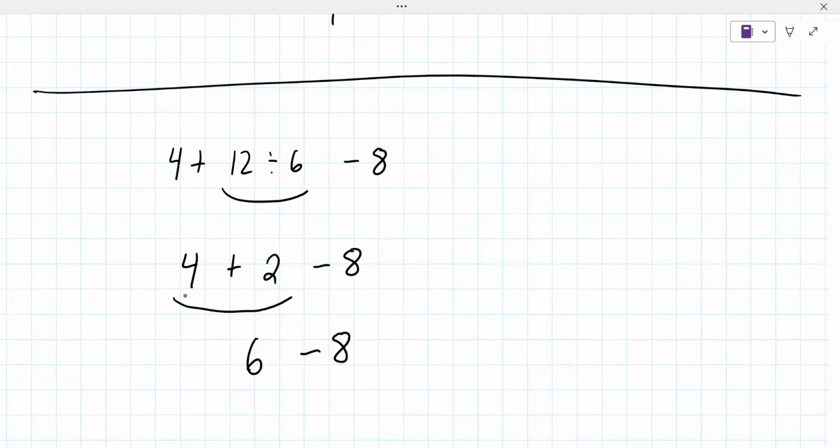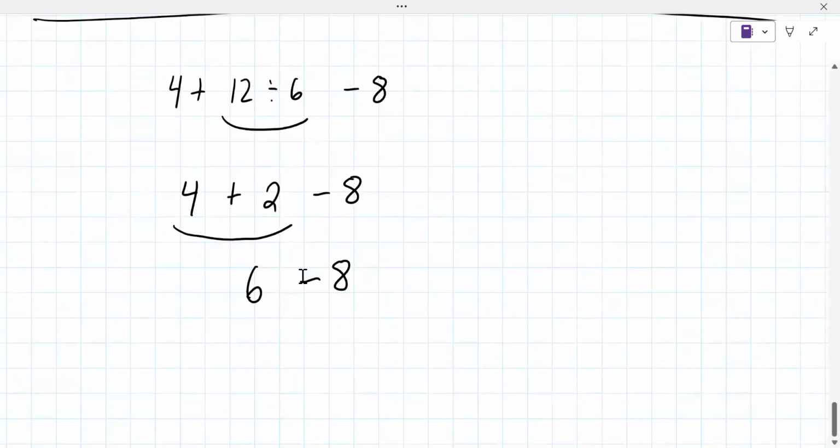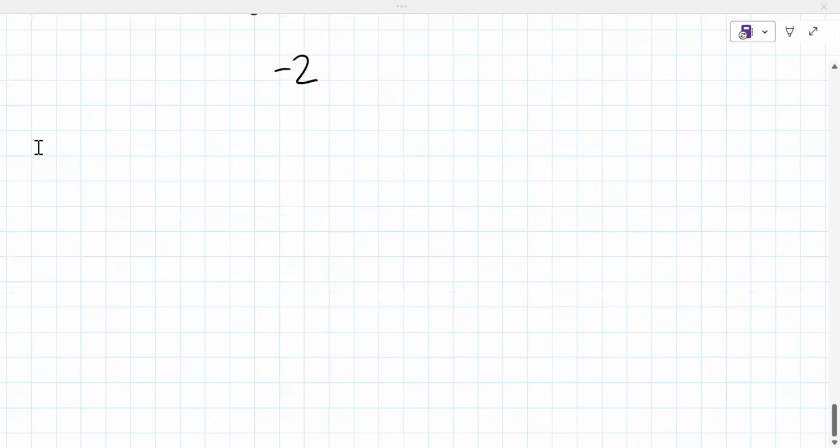Minus 8, what does that become? Negative 2, not 2. Negative 2. Yes. Big difference.